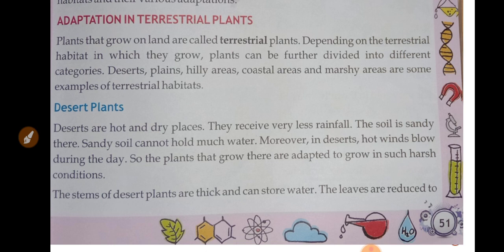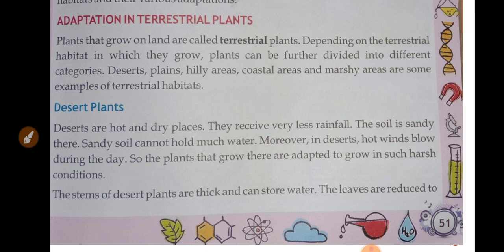Now, first of all, we will discuss the desert plants. Dear students, what are the desert plants? Actually deserts are hot and dry places. So the plants which grow in the desert area are said to be the desert plants.